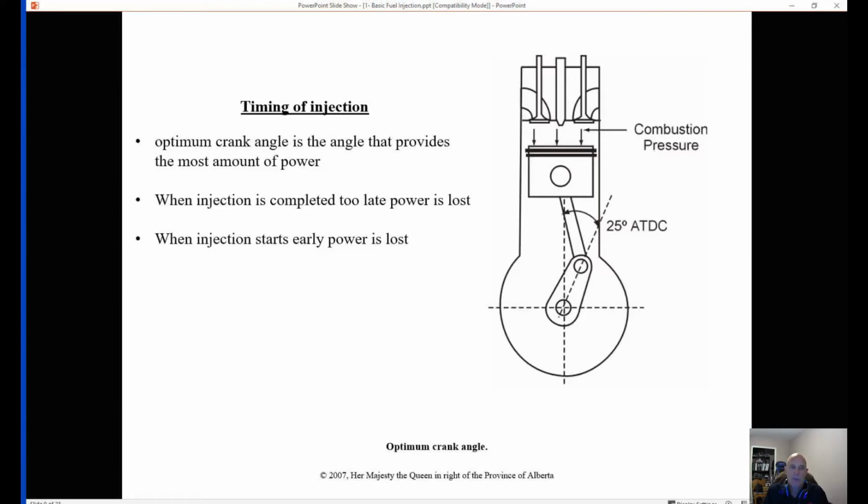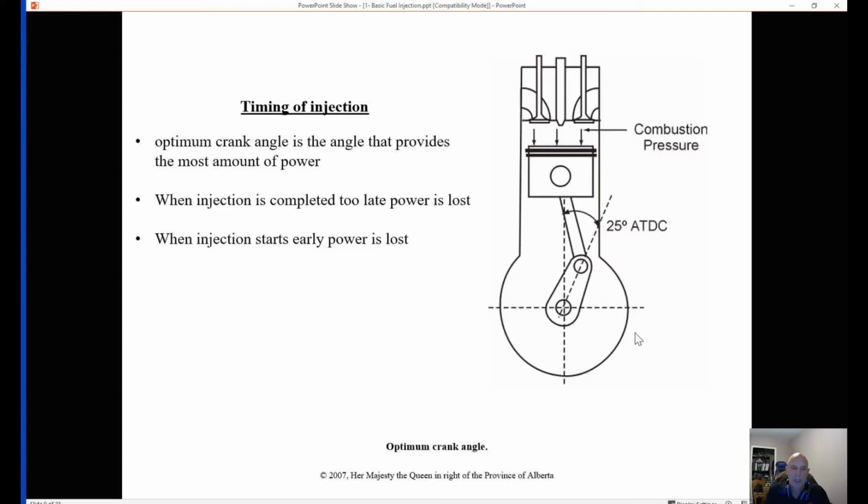And that's one of the reasons why we advance the timing or retard the timing on an engine, is so that our combustion process is always finished at the same point. Let's just say it's 25 degrees after top dead center is when we want the combustion process to end. Now, that doesn't mean that the pressure's gone or the fuel's all burnt, but that's when our process ends.